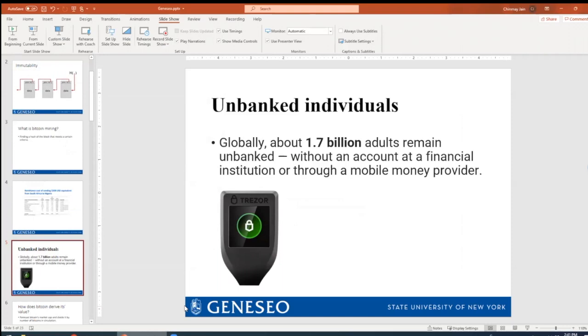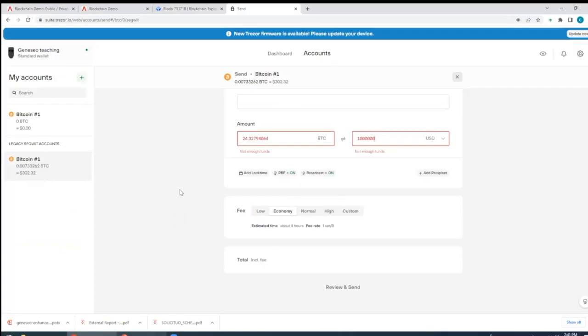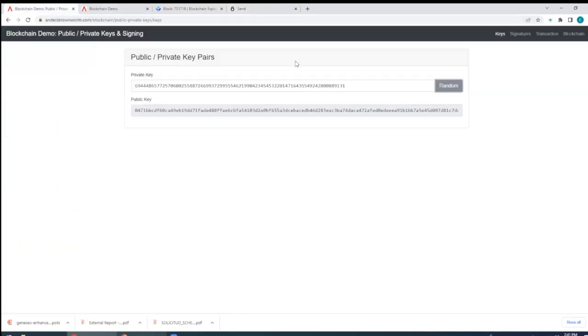As of now, there are 1.7 billion adults in this world that do not have a bank account. So what can they do to get a bank account? All they need to do is create a public key, private key pair, which is as easy as clicking a button. We talked about the public key, private key pair last week. If I click this button, random, I created a public key, private key pair.